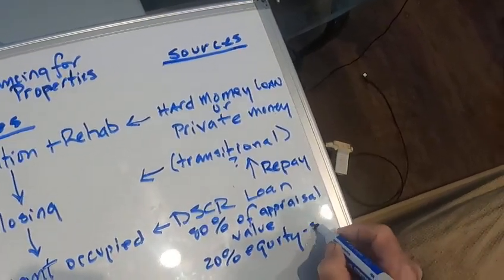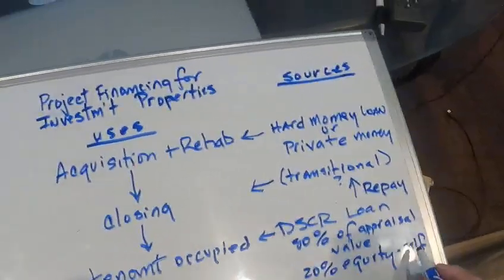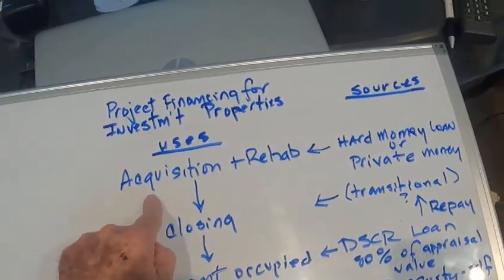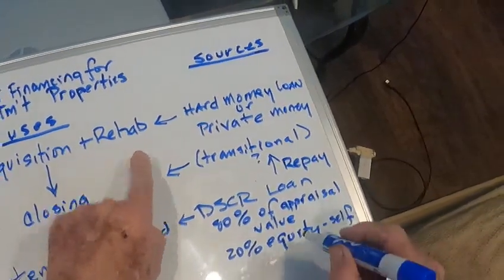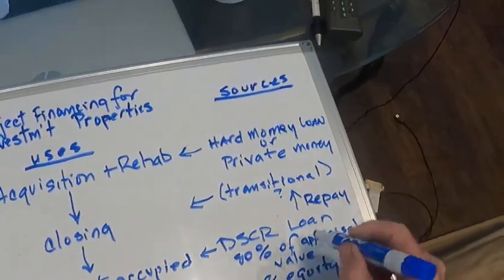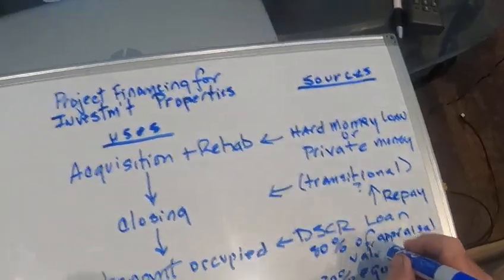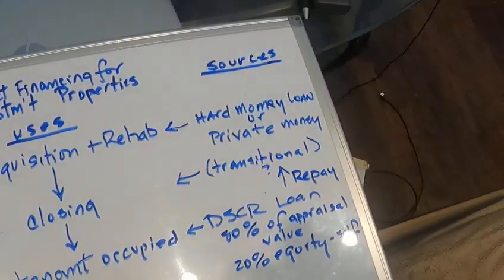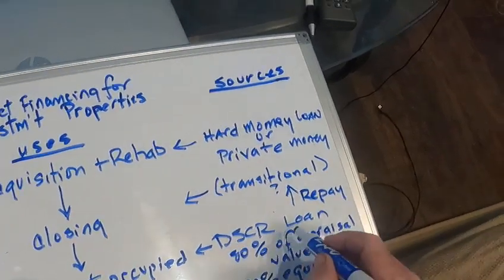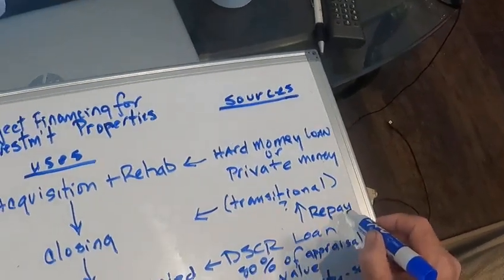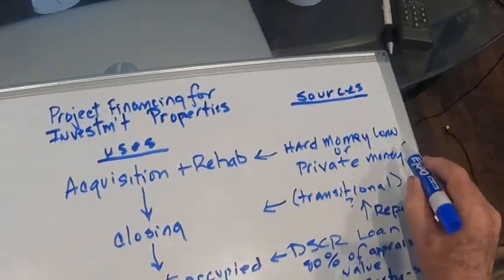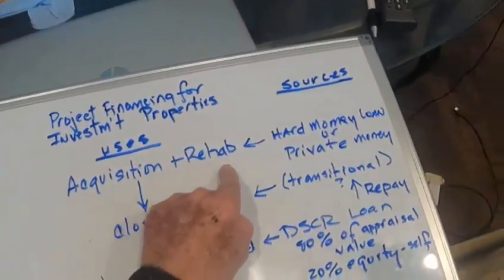And that basically came up here when you bought it right and you rehabbed it. That gives you the 20%. So you don't have to really put a lot of money out of your pocket to do this once you get it occupied. So the DSCR loan repays any hard money loan that was necessary for the acquisition and then the rehab.